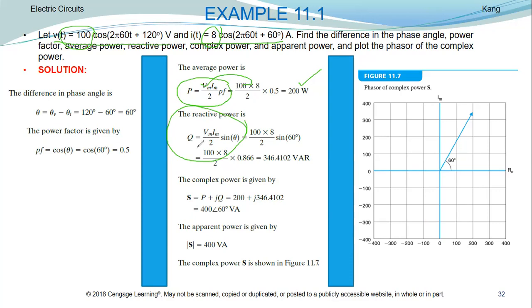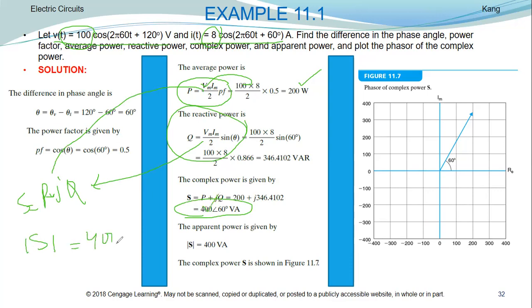The complex power will be S equals what? S equals P plus JQ. So you have to put the P value here and the Q value here, so it will be equal to this one. The apparent power will be equal to the real value, that is 400.